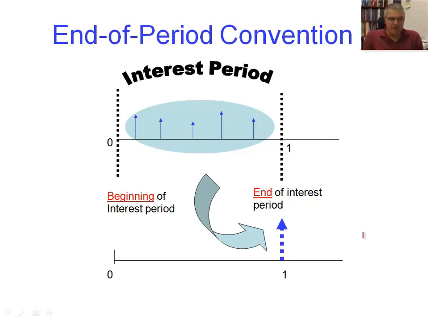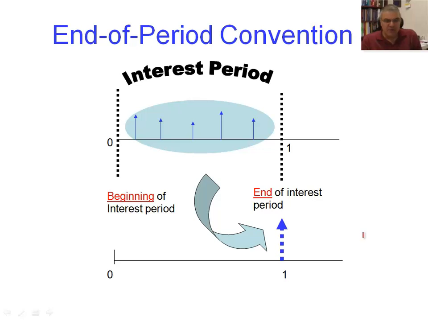What is an end of period convention? An end of period convention is just what I just described to you, 0 to 1, and that 1 is actually the end of the interest period. Within that 1 year, there could be multiple points at which interest is calculated on the original amount.